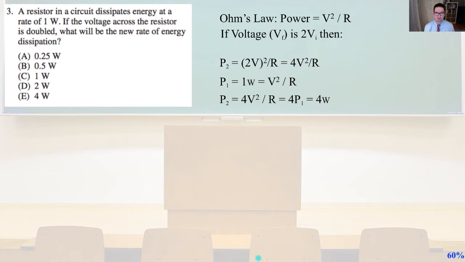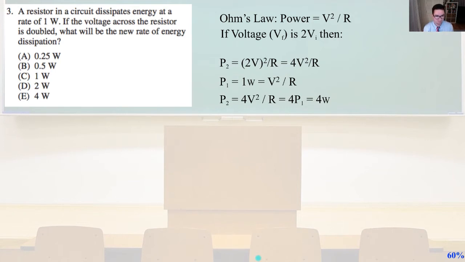So here we're going to apply Ohm's law, where the power equals the voltage squared over the resistance, and if the final voltage is 2 times the initial voltage, then the power is going to equal (2 times voltage) squared divided by the resistance, and that equals 4 times voltage squared divided by resistance.